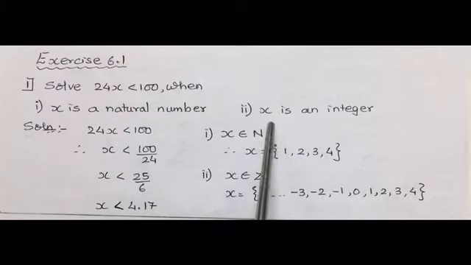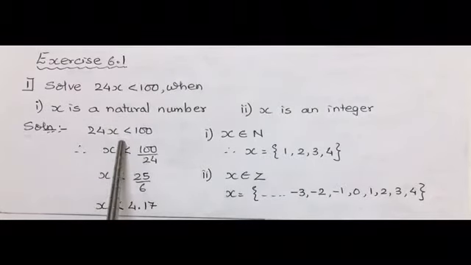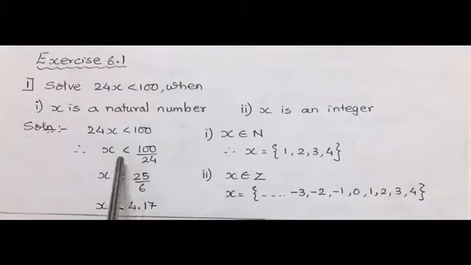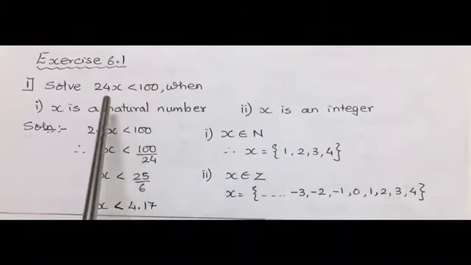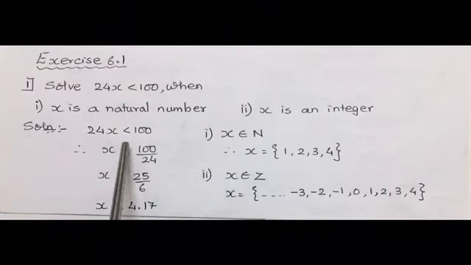Integer means positive, negative and 0. So solving this inequality will be the same as solving linear equations, like 24x is less than 100. As only one variable is there, this is called a linear inequality with one variable.